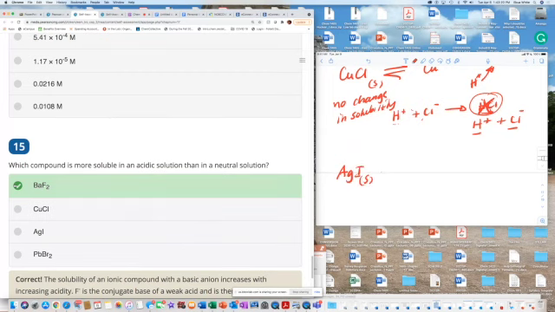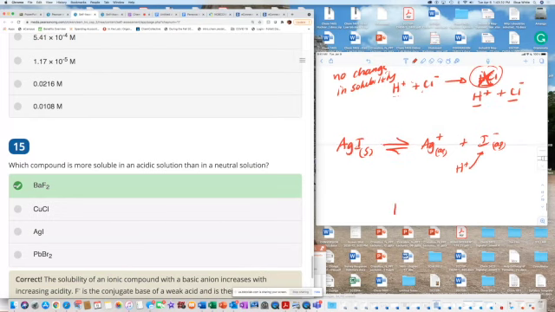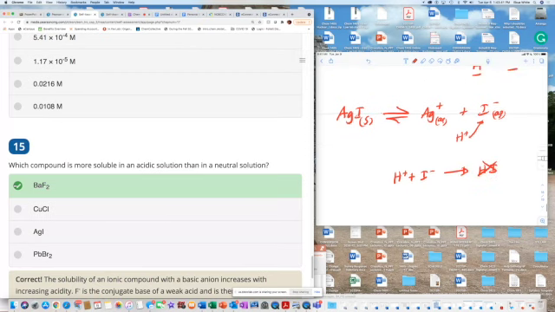AgI, solid, equilibrium. Again, Ag plus, I minus, aqueous. Can H plus poach or remove I minus from solution? Let's see what happens. H plus tries to get with I minus, another tumultuous relationship. It doesn't last, it breaks apart.